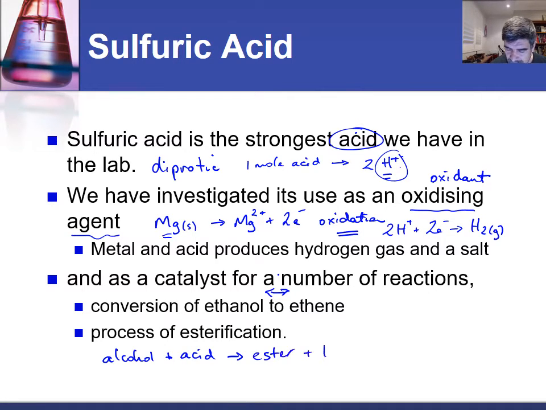And again, in this case, it's the concentrated sulfuric acid that is being used to dehydrate, or remove a water molecule from these 2 reactants in order to produce the products. And of course, I have written this as a single arrow, but you know that this is an equilibrium situation, so not a full arrow at all.